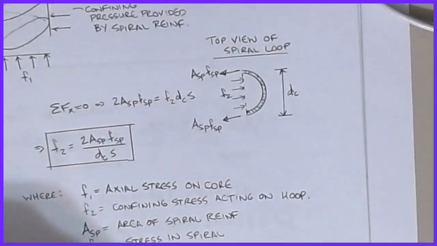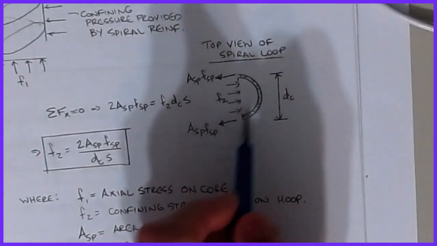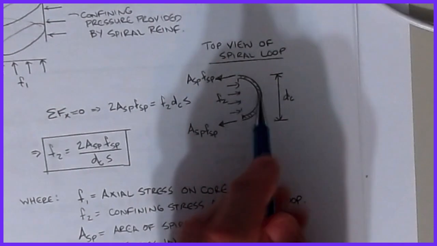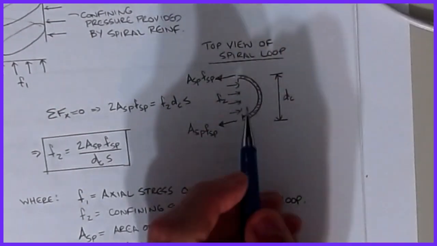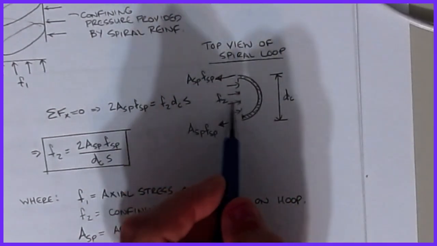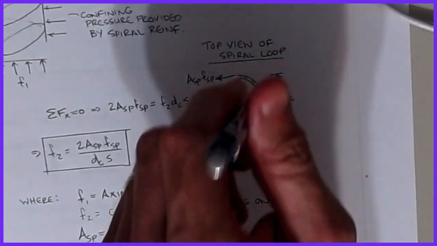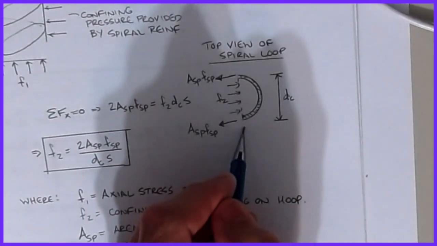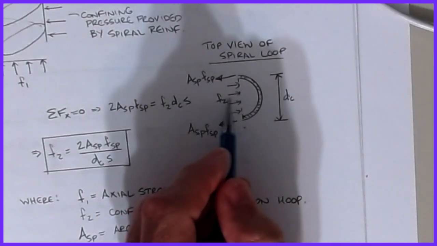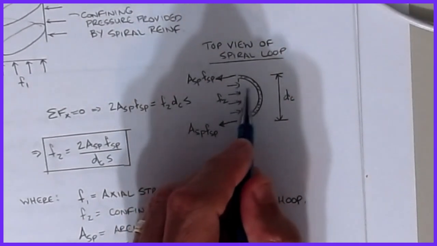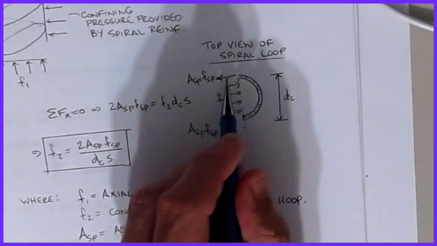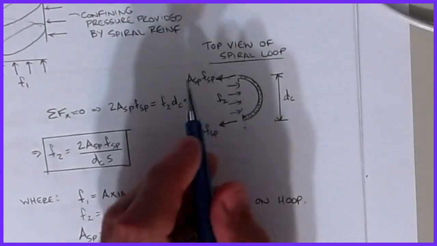We're going to take a look at one given spiral loop. Again, this isn't all in the same plane. It's kind of slanted, if you will. For an axial load F1 acting down, I can do a sum of forces in X on the free body diagram of this. I've got my confining pressure F2 pushing on the steel, and the forces in the steel bars respond in order to balance it.